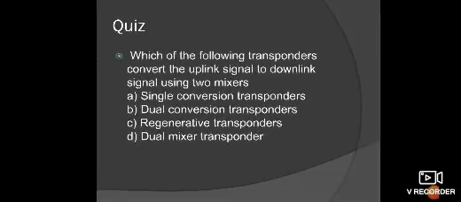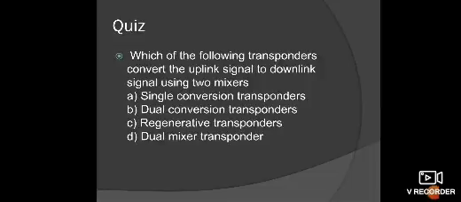Let us have a quiz. The first question is, which of the following transponders convert the uplink signal to downlink signal using two mixers?